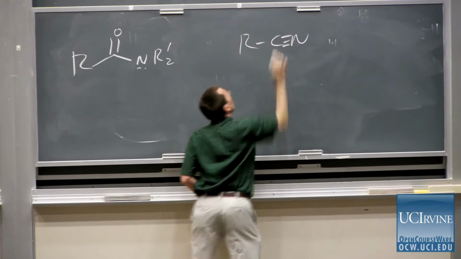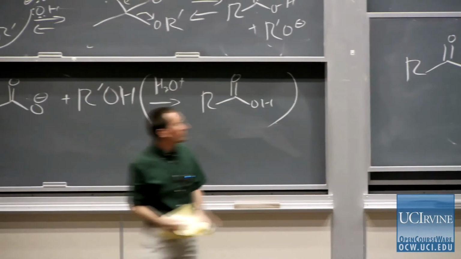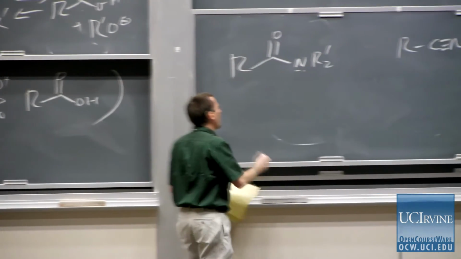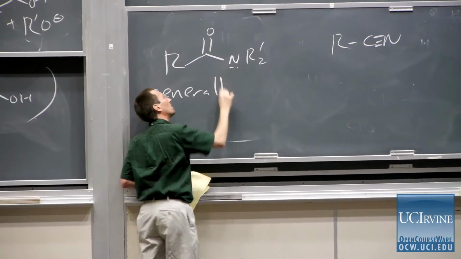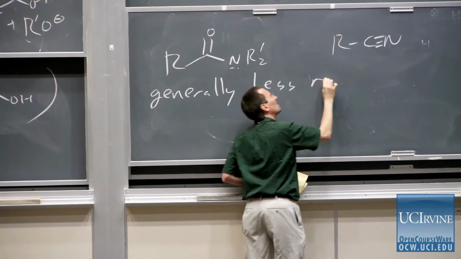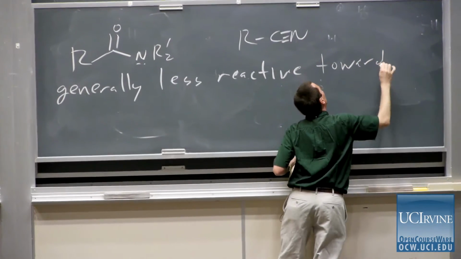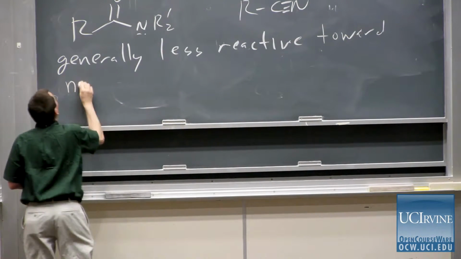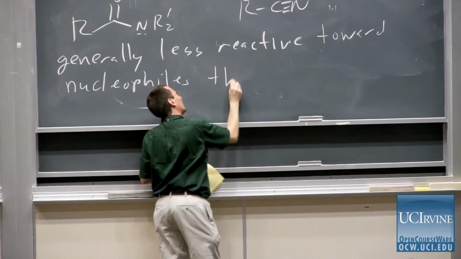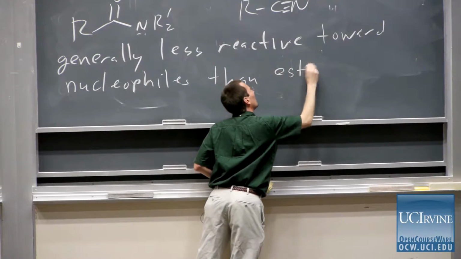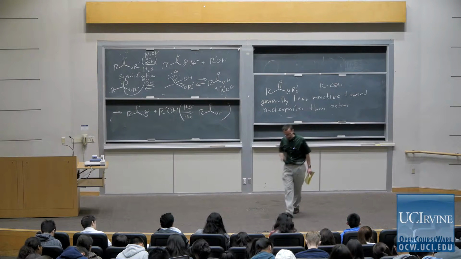Nitriles look very different, and yet in some ways are very similar. Both of these compounds are generally less reactive toward nucleophiles than esters. And I think it's kind of easy, at least, to compare an amide to an ester.